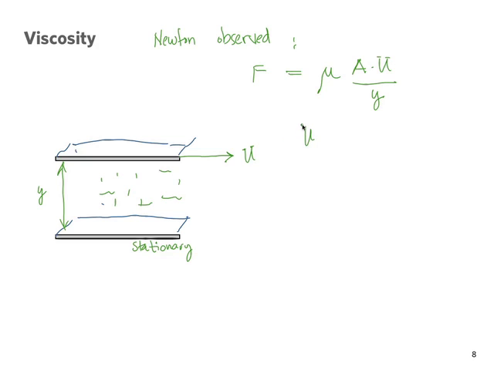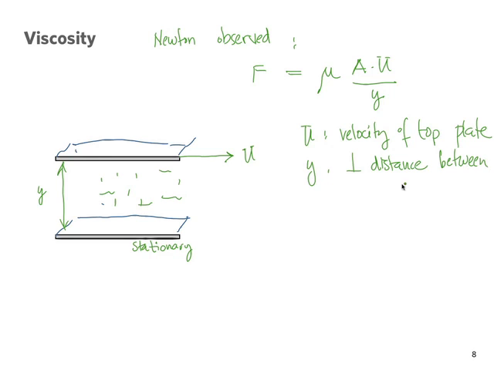So capital U is the velocity of the top plate, y is the perpendicular distance between the plates, and mu is the coefficient of viscous resistance.